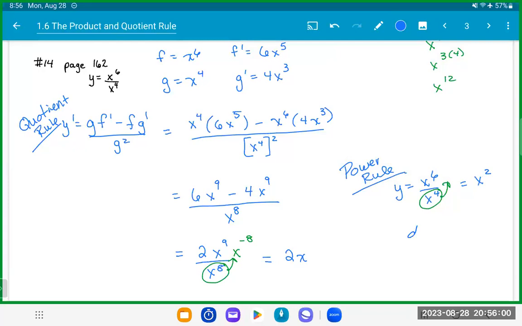Okay, so the derivative of x squared is equal to 2x. And so you can see this problem would have been a lot easier using the power rule than the quotient rule. But there are going to be times that we have such messy functions that we can't easily use the power rule. Okay? Question.